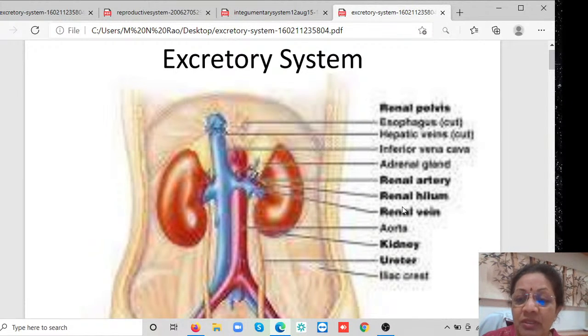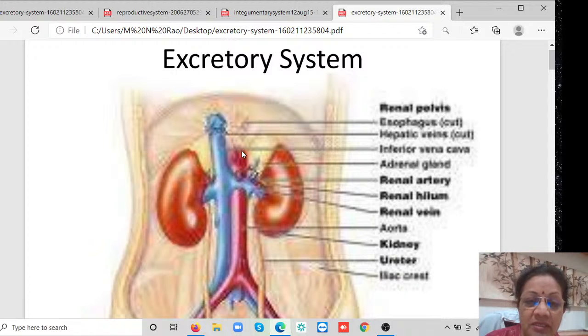Renal artery, I've mentioned. Hilum is that concavity into which the blood supplies are going, out of which lymph will drain, into which nerve supply will go, and so on and so forth. So it's a concavity. The entire surface of the kidney is not going to be the area of supply. All the supply is going through one space, and that's called its hilum. Then the renal vein.